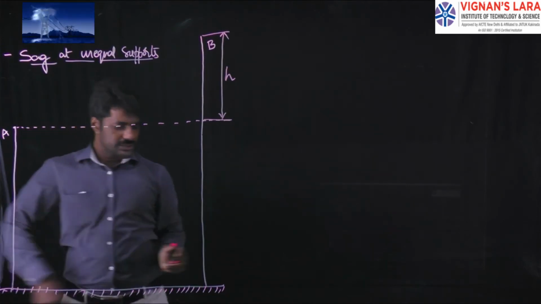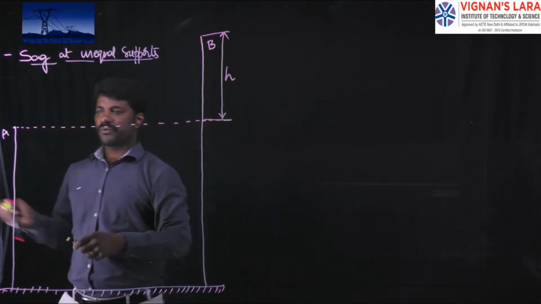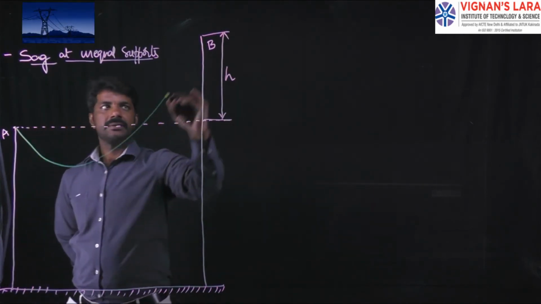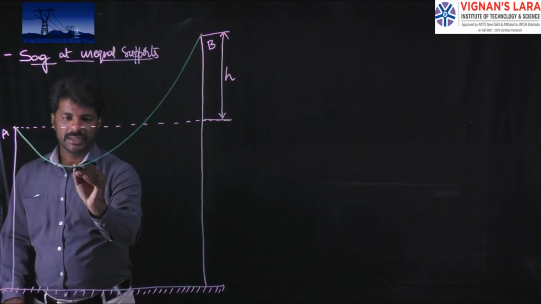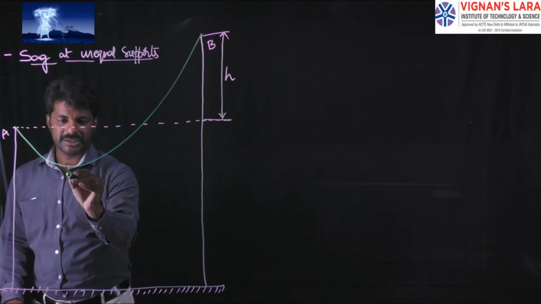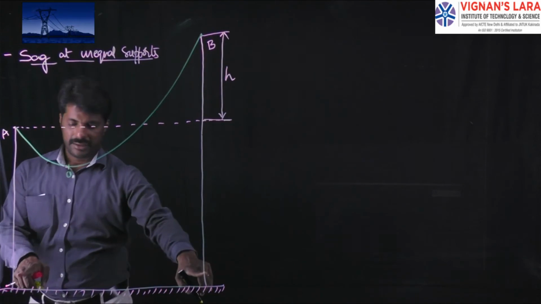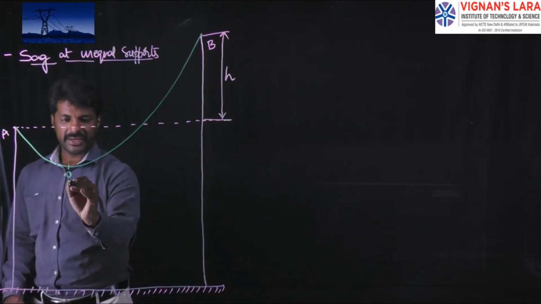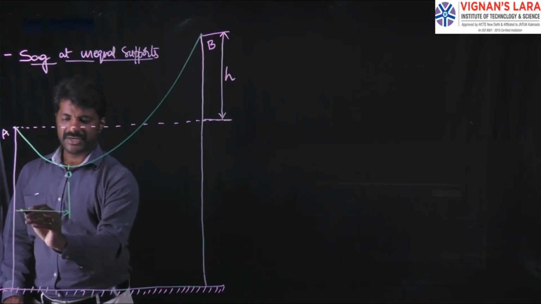In between these two, the conductor is running. Let me assume that the conductor is running in a profile path like this. The lowest point of the conductor, O, is now not at mid span. Assuming that the entire distance between the two supports is L meters, this point O is not located at mid span.